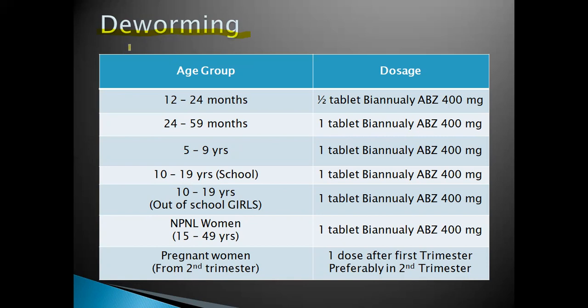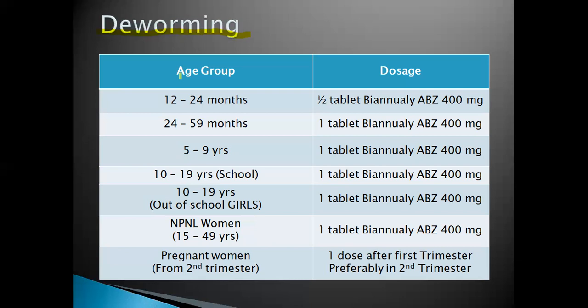That is why periodic deworming with albendazole is part of this program. Now, we would be knowing that albendazole dose depends on age. So albendazole is contraindicated in the first year of life. It is not to be given till the first birthday of the child.